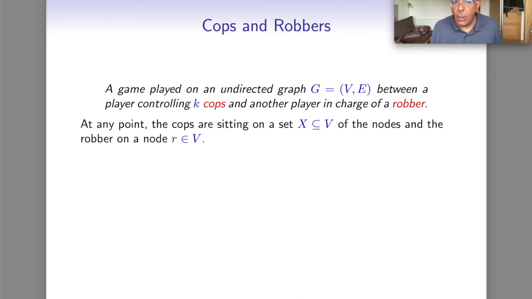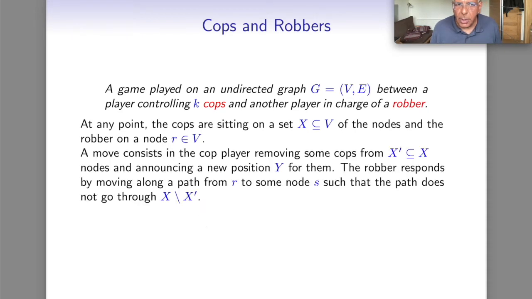So we have K cops. All cops as well as robbers sit on vertices of the graph. In other words, there's a set X of vertices of size at most K, where the cops are, and there is a vertex R on which the robber is present.